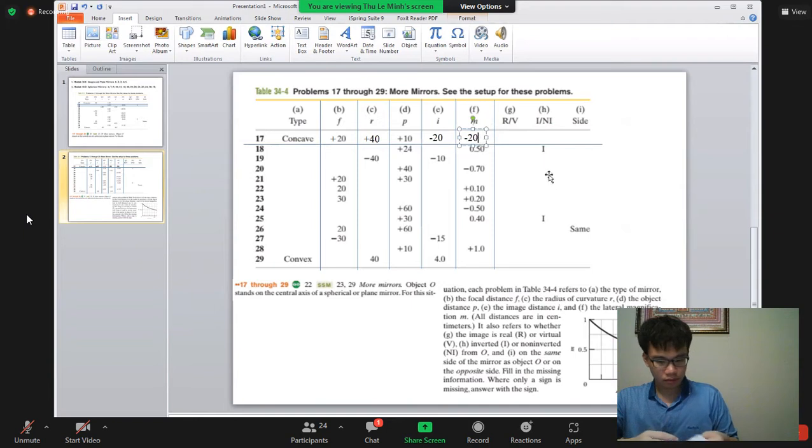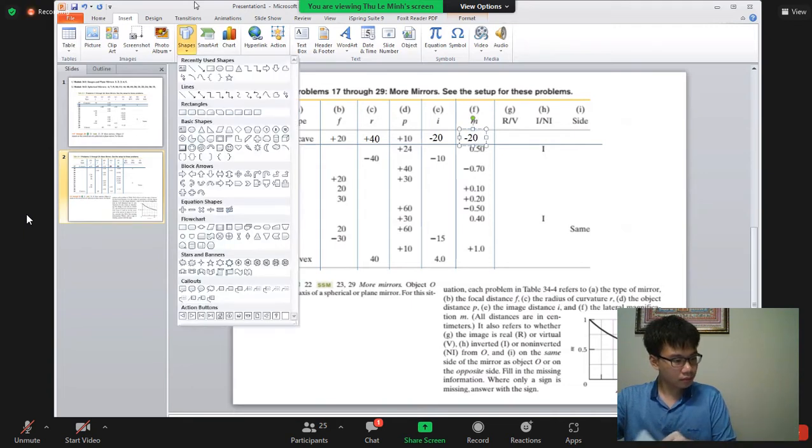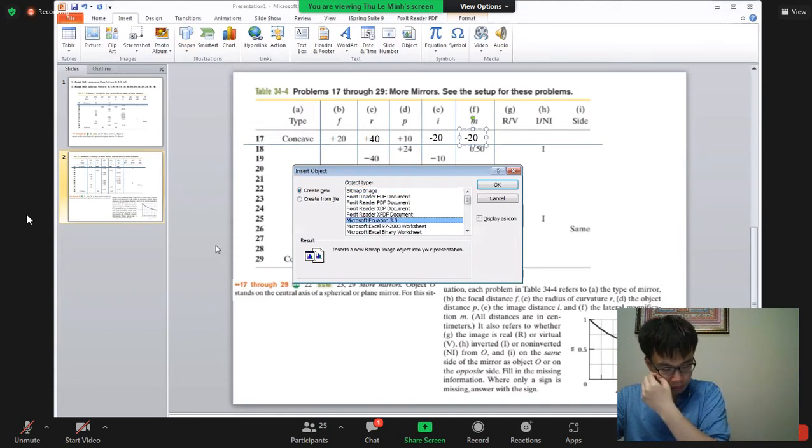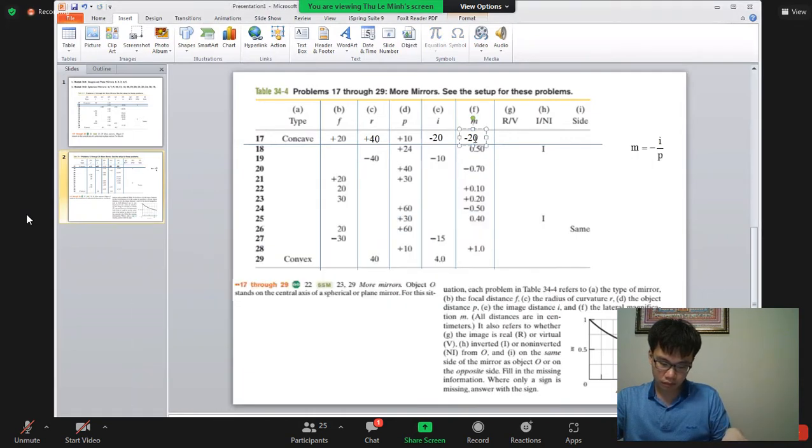You should follow the expression of lateral magnification: M equals minus I over P, right? So M equals 2. Okay, positive.